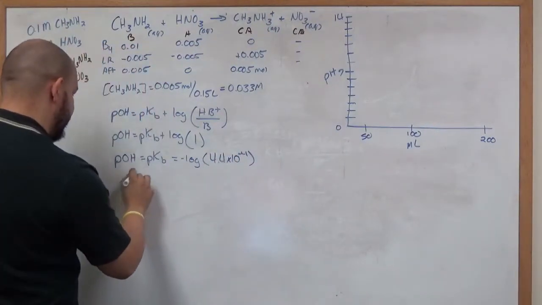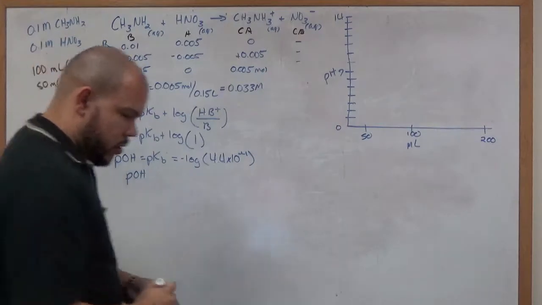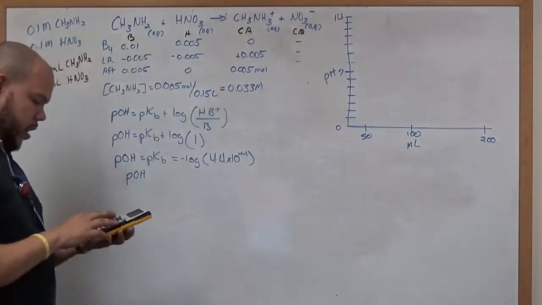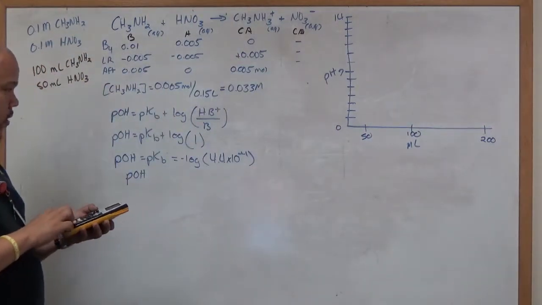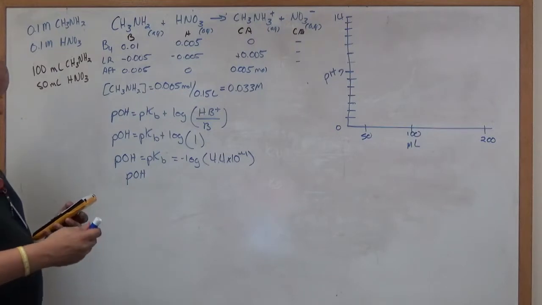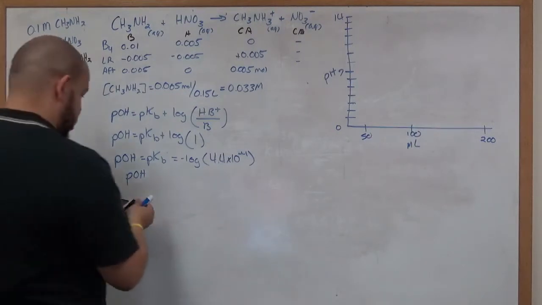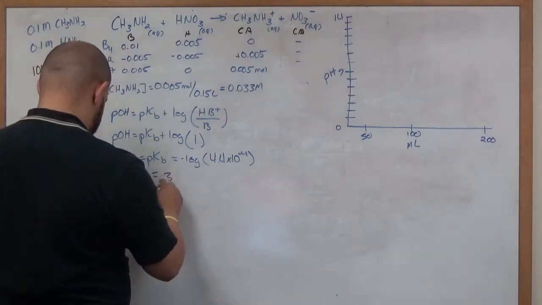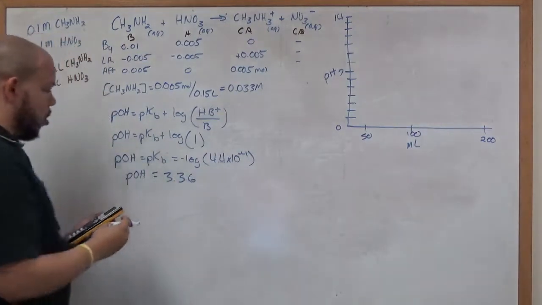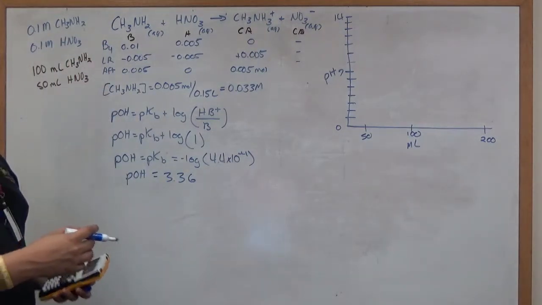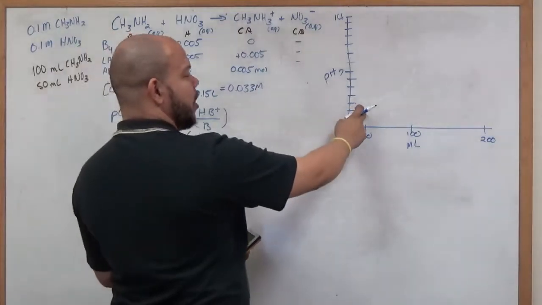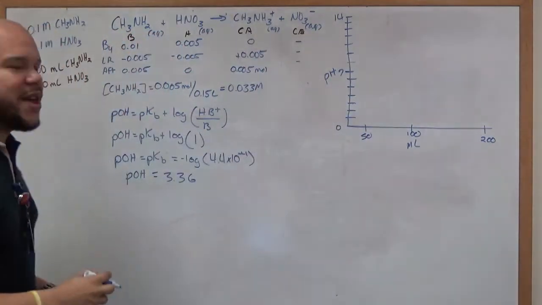And now we have a pOH that is equal to negative log 4.4 e to the negative 4, 3.36. So pOH is 3.36. You can't go to this chart yet because this chart is pH.